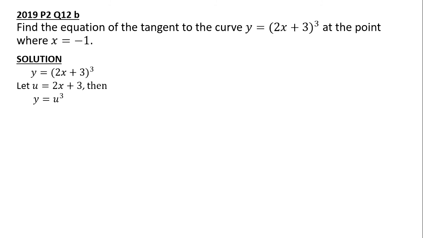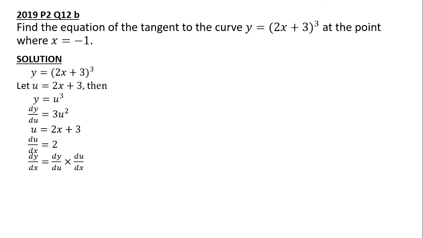We'll find dy du, which is going to give us 3u squared. And then we'll find our du dx, since u equal to 2x plus 3, which is going to give us a 2. Our dy dx will be dy du times du dx, and then we are going to replace.